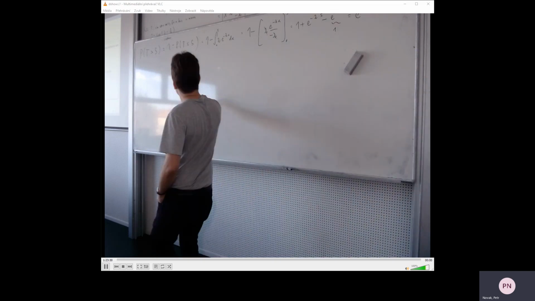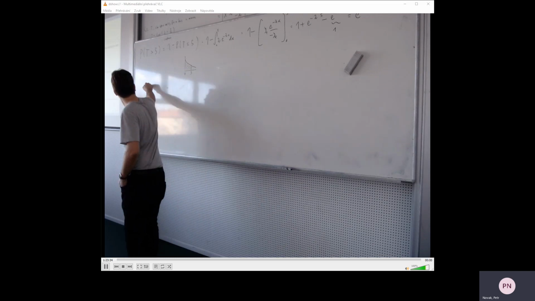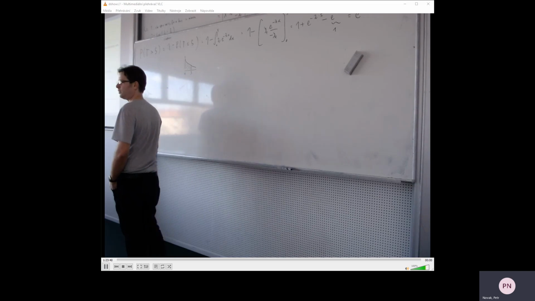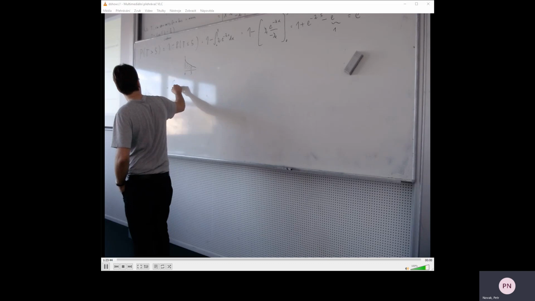The second would be just integrating directly from 5 to infinity. The integral from 5 to infinity of lambda e to the power of minus lambda x dx.